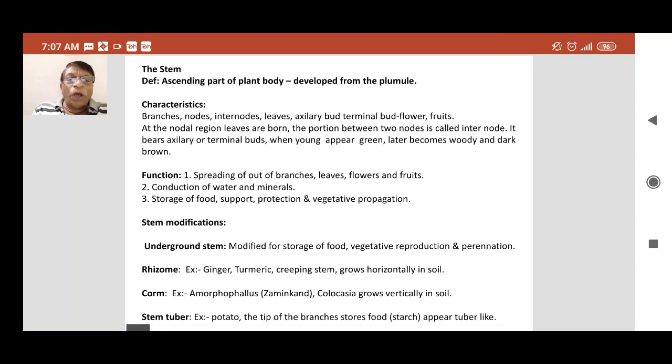The water and minerals are conducted from root to the upper part of the plant body through the stem. So the second function of stem is conduction of water and minerals.